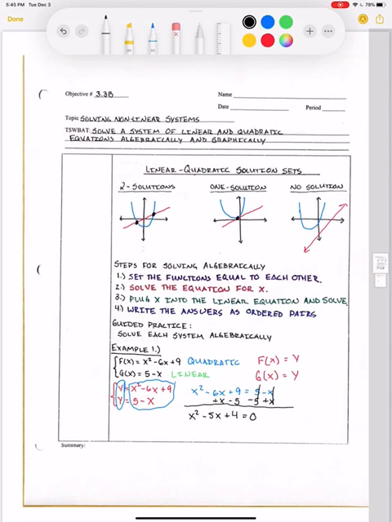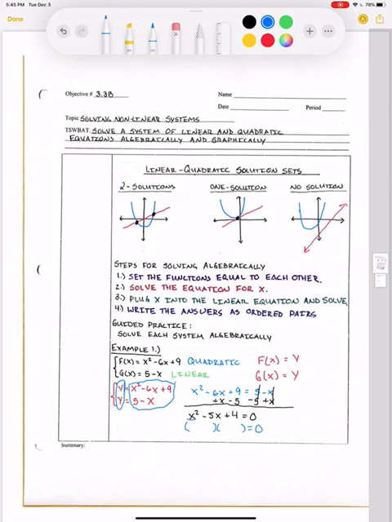Now I can solve this in a couple different ways. I can factor, I can use the quadratic formula. It's kind of up to you. In this case, I'm going to go ahead and factor just because I have x squared out in front, and that's probably the easiest thing to factor. So to factor, I'm going to write my two sets of parentheses. I'm going to set it equal to 0.